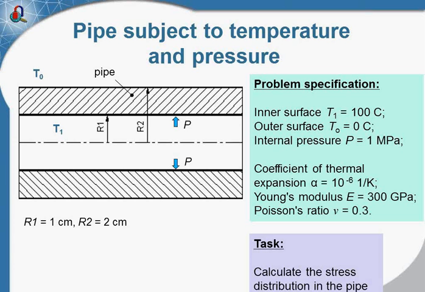The internal pressure of the gas is 1 megapascals. Our task is to calculate the stress distribution in the pipe caused by the thermal expansion and the internal pressure of the gas.